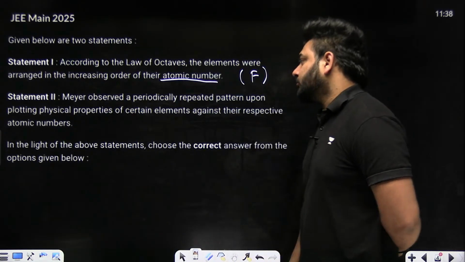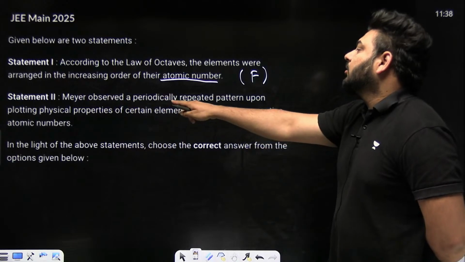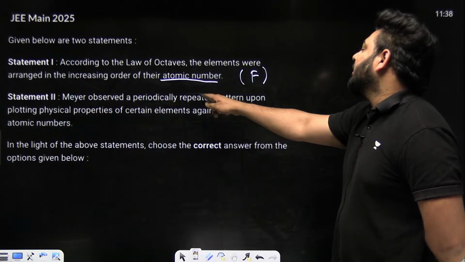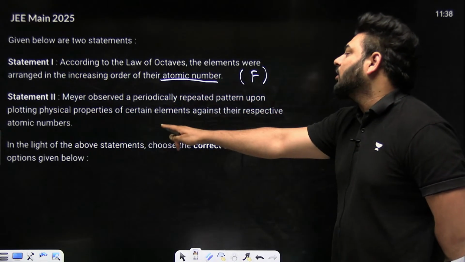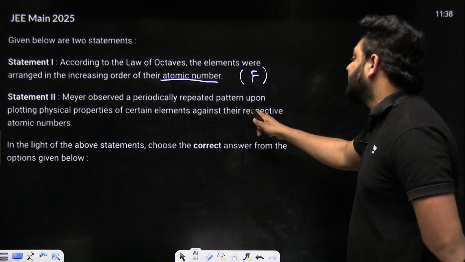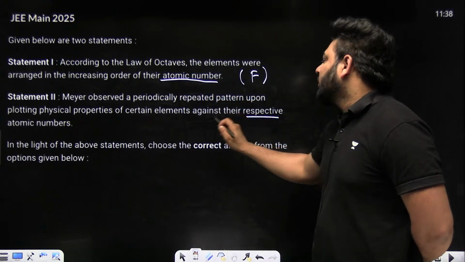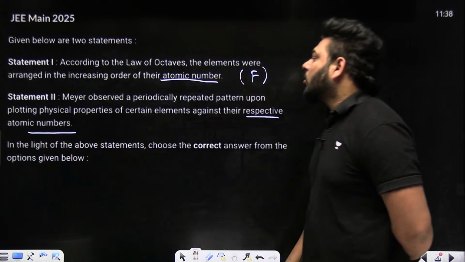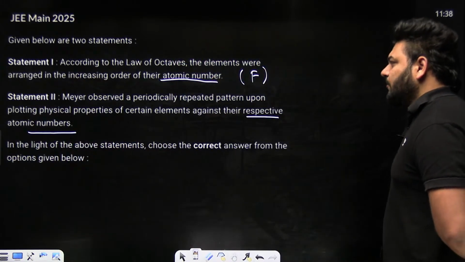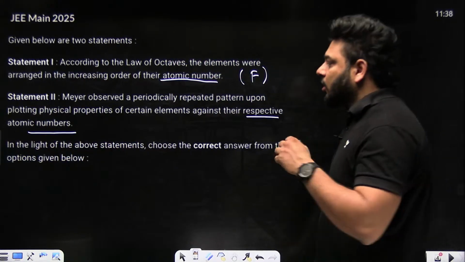Okay, and then Meyer observed a periodically repeated pattern upon plotting the physical properties of certain elements against their respective atomic number. And again, he is talking about the Lothar Meyer curve.